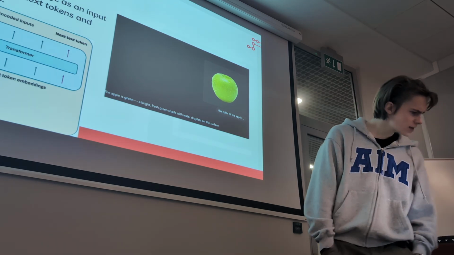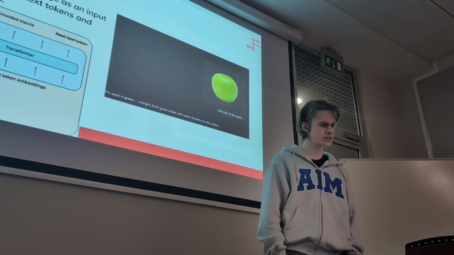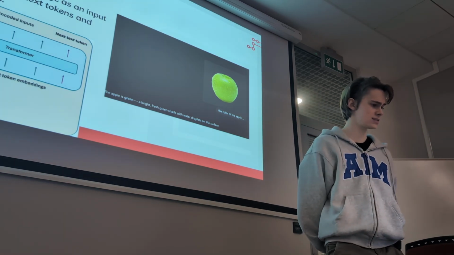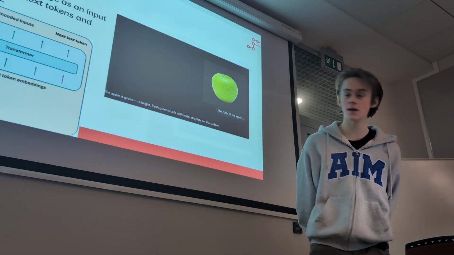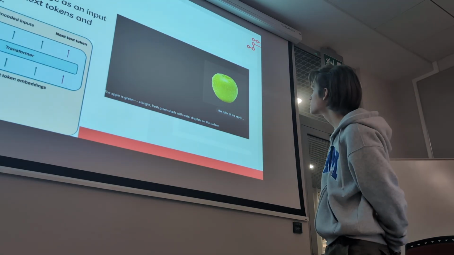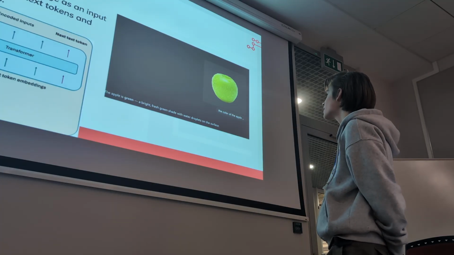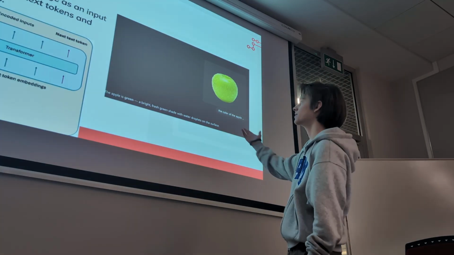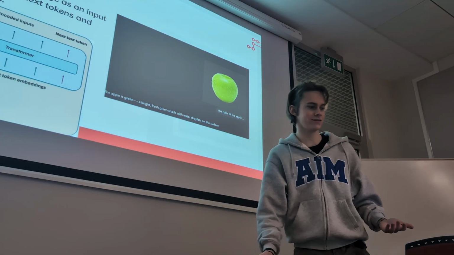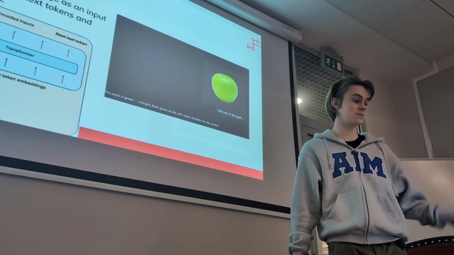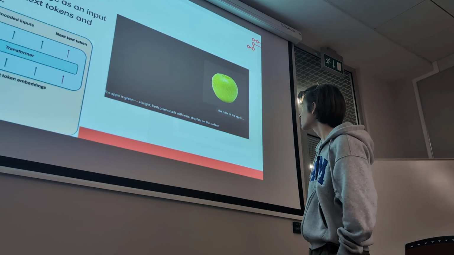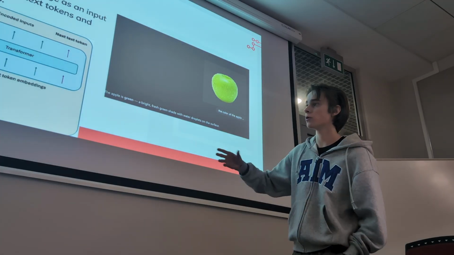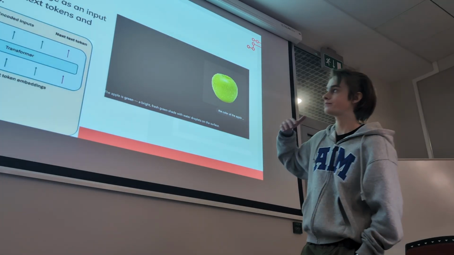A VLM accepts text and images as input and predicts the next text tokens and optionally images. For example, I just wrote this to ChatGPT, asking about the color of the apple, and it said the apple is green. So the VLM works with both images and text.